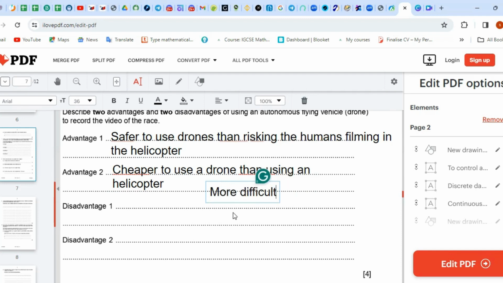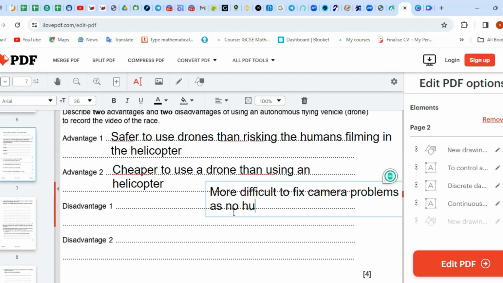So more difficult to fix camera problems as no woman's present.